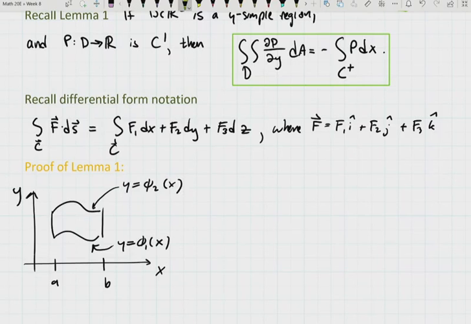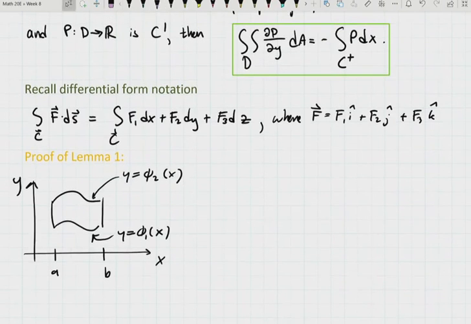Then a path surrounding that region would go in the counterclockwise direction. So let me name each of the sides. How about the bottom is C1, the right is C2, the top is C3, and the left is C4. Those are the 4 pieces of the path that surrounds region D. This is D.